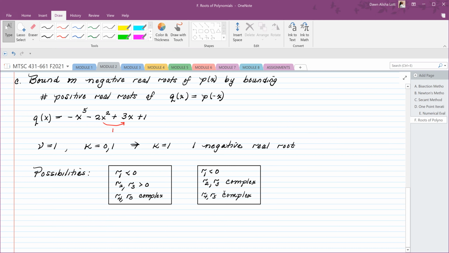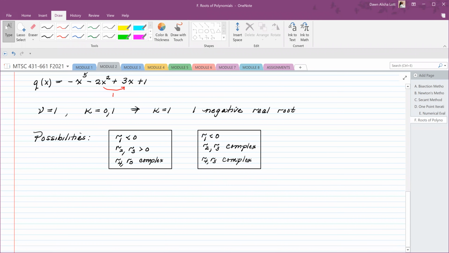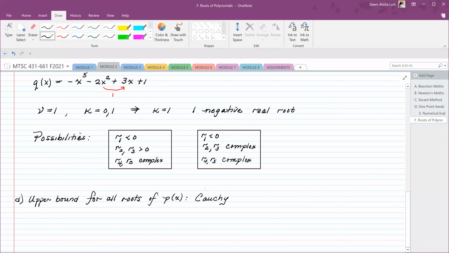Okay, so we also want to look at one other thing, an upper bound for all the roots of p of x. And we're going to attribute this fact to Cauchy.